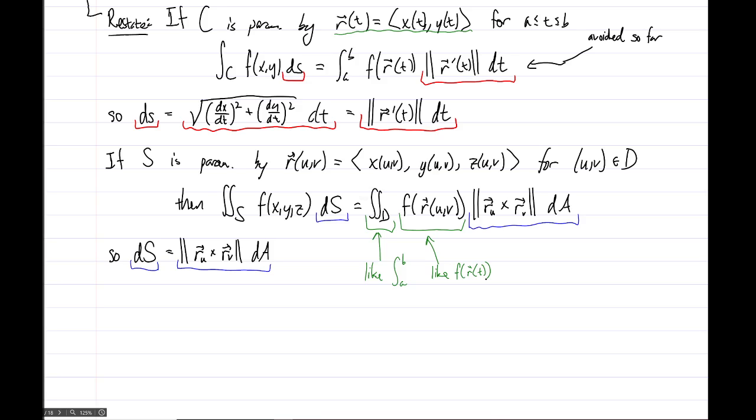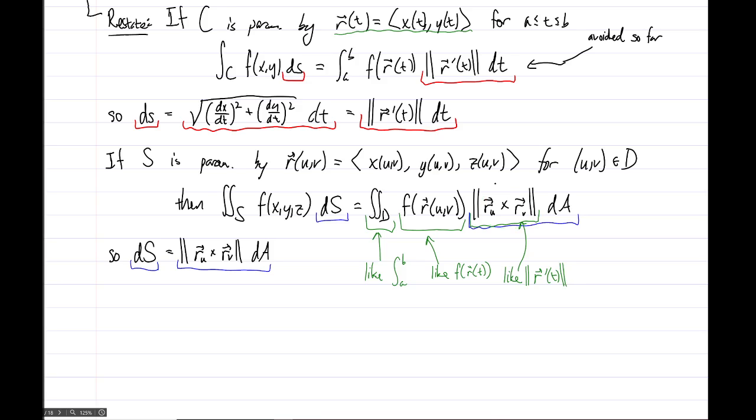And then this next part right in here, just the magnitude part, is meant to be like what we had right here, the magnitude of r prime of t. So inside the magnitude, what are we taking the magnitude of? It's a derivative of r, and that's about as similar as we can get here.